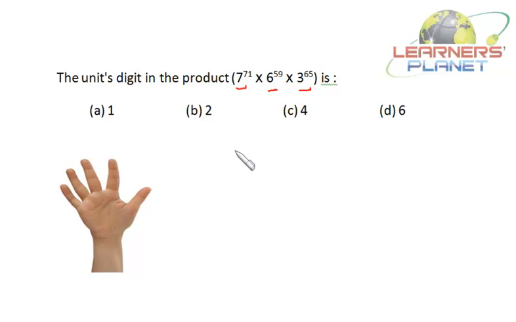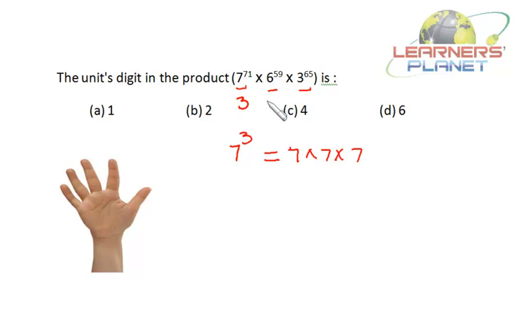So we will get the remainder as 3. And what 7 raised to 3 is? Let's begin to calculate the unit digit of 7 raised to 3. That is 7 into 7 into 7. So it's 7 sevens are 49, 9 sevens are 63. So unit digit in this case will be 3.